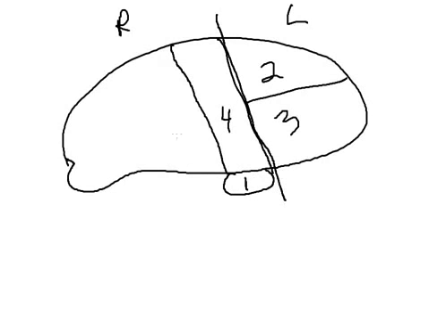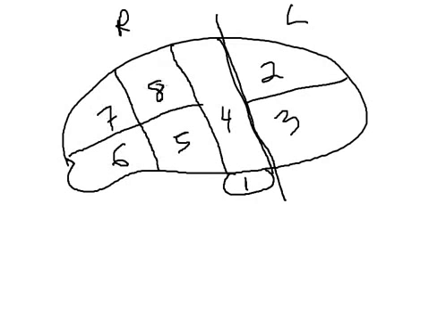The right lobe is divided into roughly 4 equal segments, which comprise 5, 6, 7, and 8, with the gallbladder typically in this area here. Now the gallbladder position can vary.